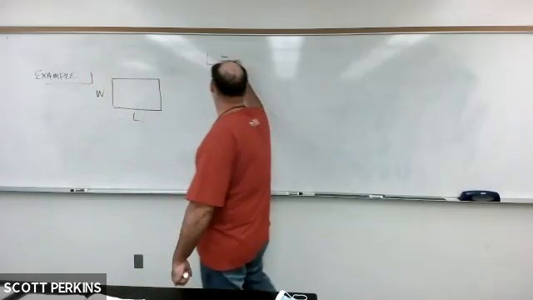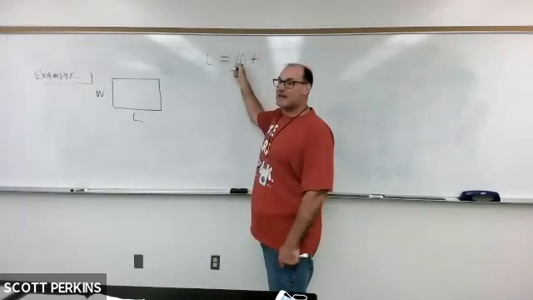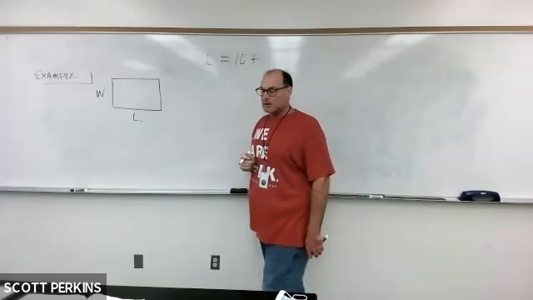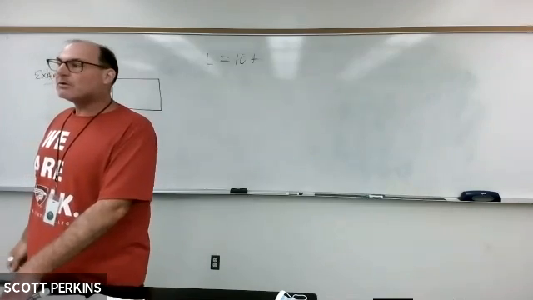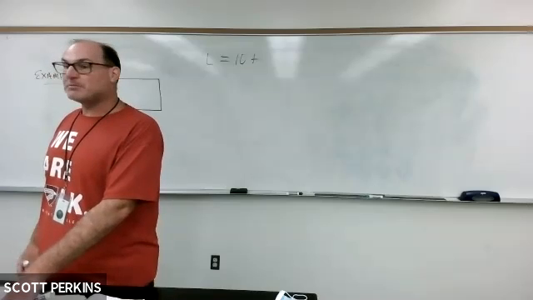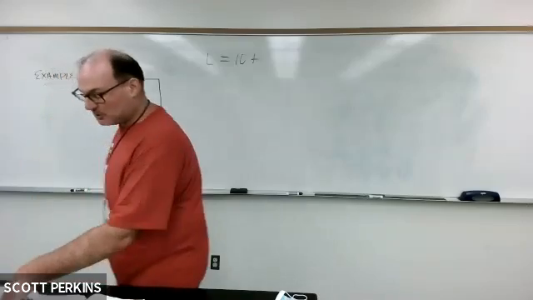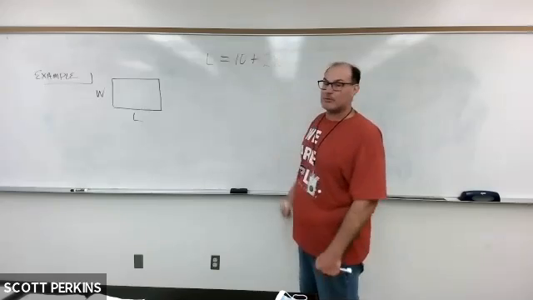So what do I write next? Okay, 10 plus 10 feet more than twice the width. What's the word twice mean, in case you didn't know? What do I do with the two? Multiply by 2. Twice means times 2. Okay, so in case you weren't familiar with that word, so twice means twice the width, 2W. There's your first equation.